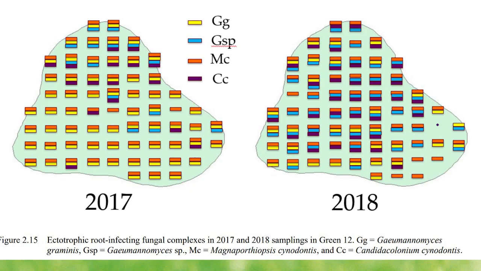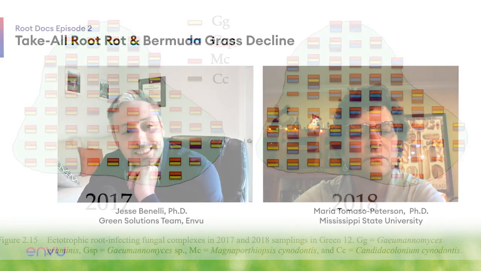Credit to him, that is a ton of work. It was fascinating. There was only one tiny sample in both years where you weren't able to detect one of the take-all root rot pathogens. Is that a good way to interpret this?